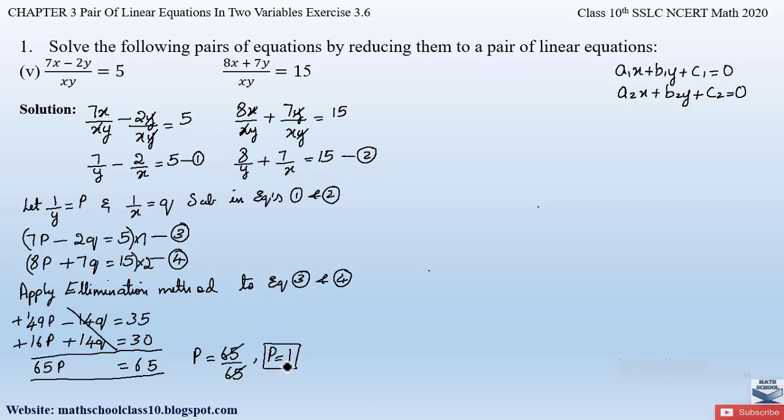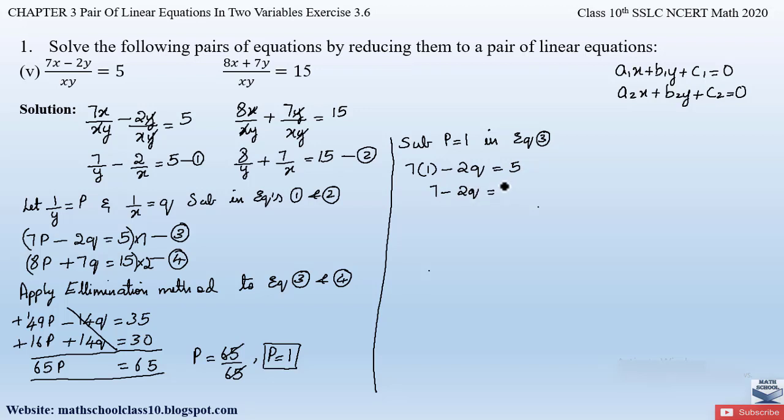Now substitute this p value equal to 1 either in equation 3 or equation 4, and let us find out the q value. So write down, substitute p equal to 1 in equation 3. Equation 3 is given by 7 into p, which is 1, minus 2q equal to 5. So 7 into 1 will be 7 minus 2q equal to 5.